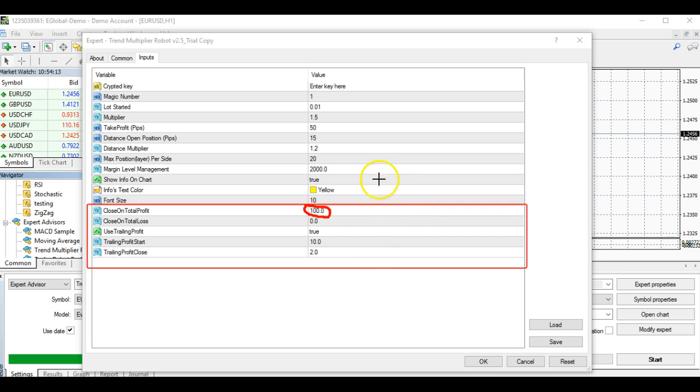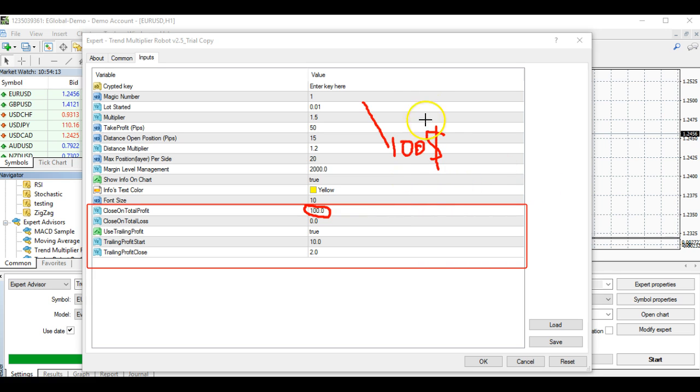Let's say the profit, you have a Euro US dollar sell that is in profit. So it goes down and earns $100. The moment it reaches this 100 USD, then that series of trades will close all.